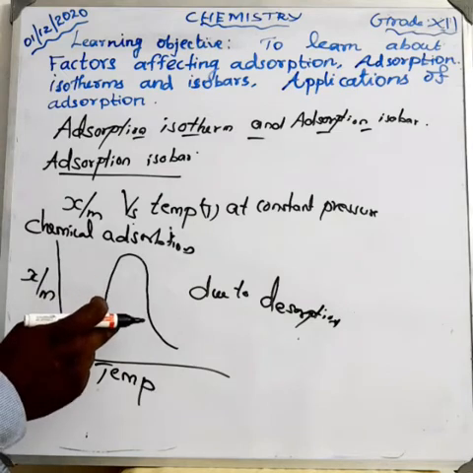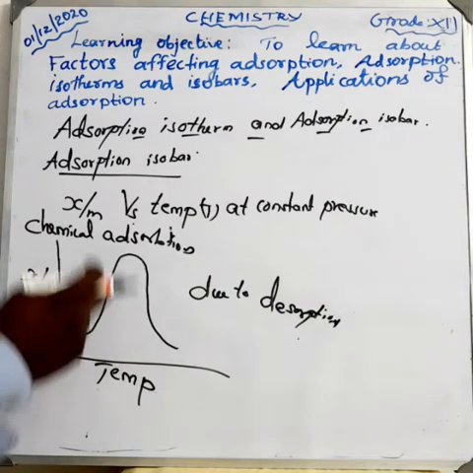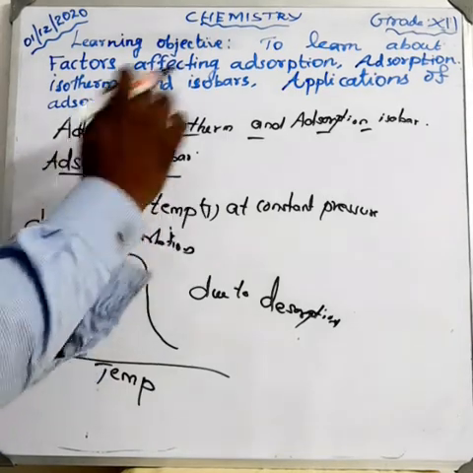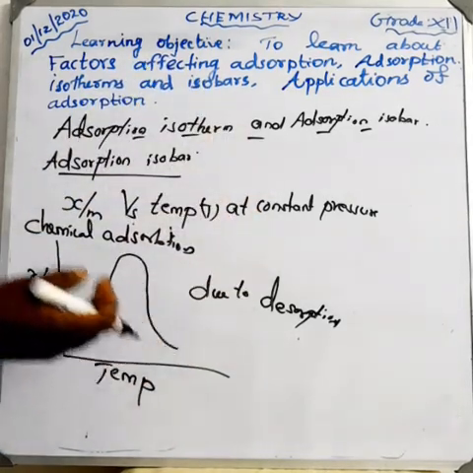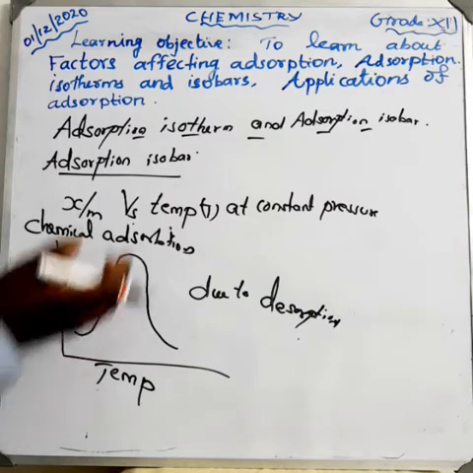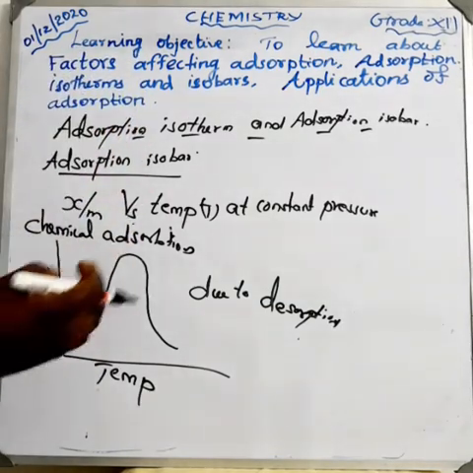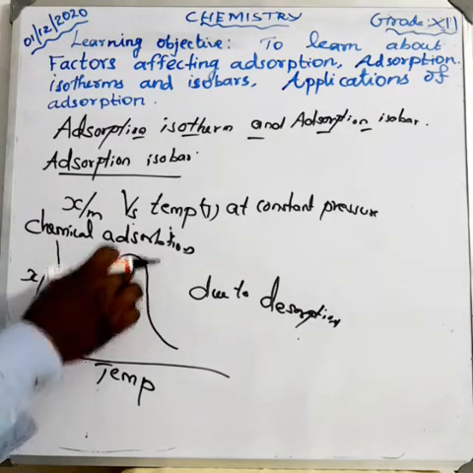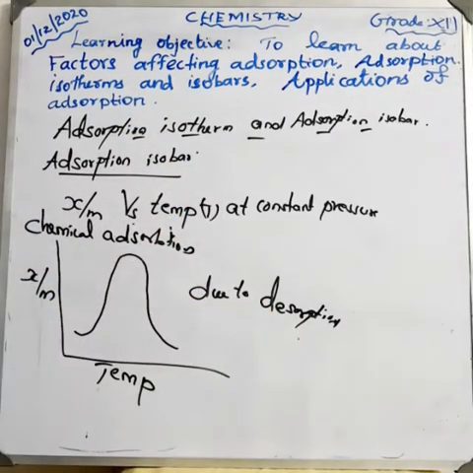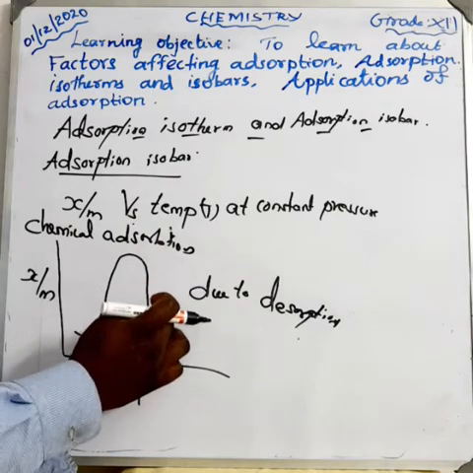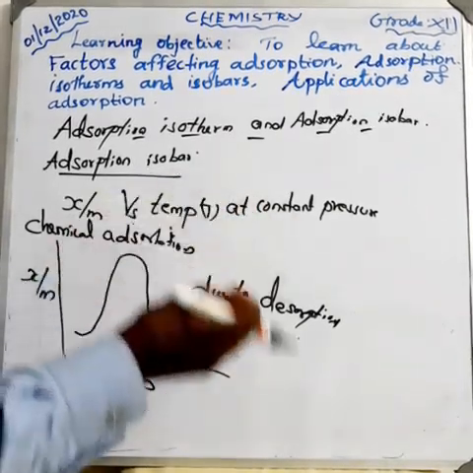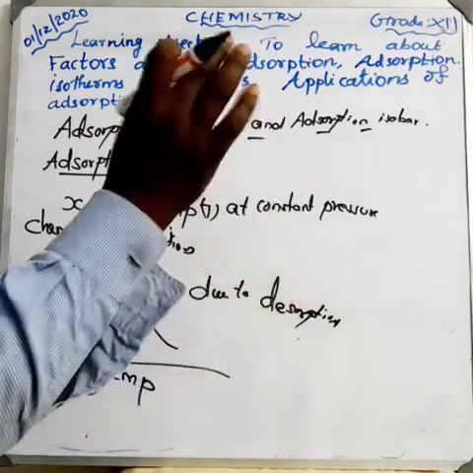The increase is due to the requirement of activation of the surface for adsorption. The formation of the activated complex requires extra energy. Then it decreases again due to desorption, as the kinetic energy of the adsorbate increases.